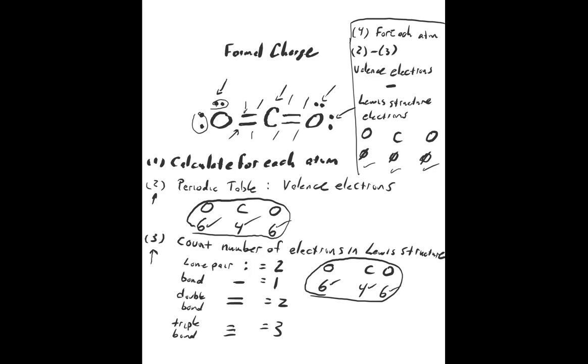I'm going to pick one from ALEKS, and we're going to do a formal charge for each atom. Okay, so here's the example. It's an ion in this case. So this is the Lewis structure they give you. This is called the azide ion.